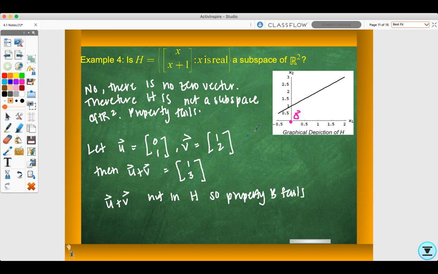And if I were to show that on here, this would be u. u was (0, 1). v was (1, 2). But u plus v was (1, 3). And that clearly is not in H.